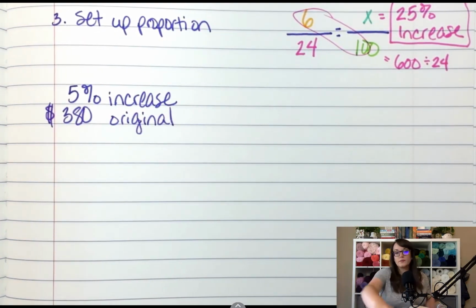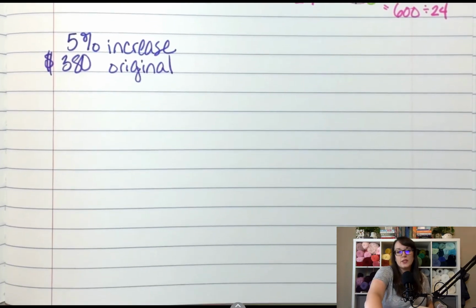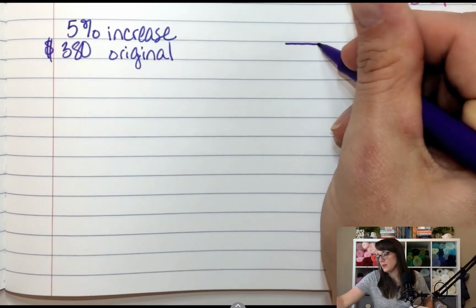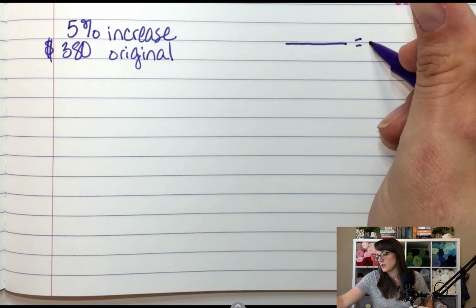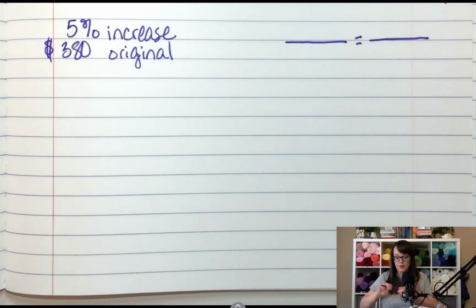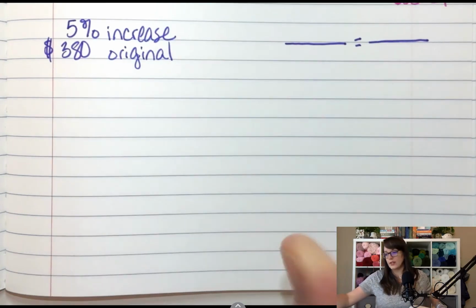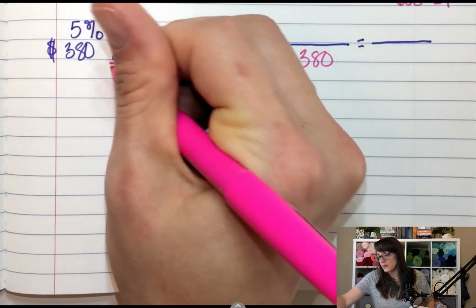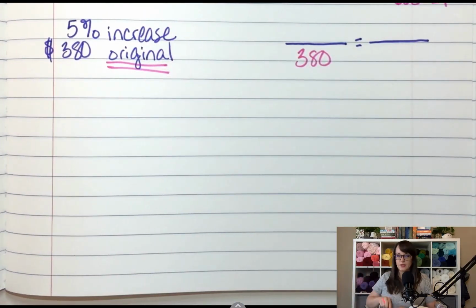Okay. So for this one, I know different pieces of my proportion. So if I set it up over here, the pieces stay the same. We just know different ones now. So where does the original go? Right there. So this is going to be 380 because it told me so. The original goes in the bottom left.